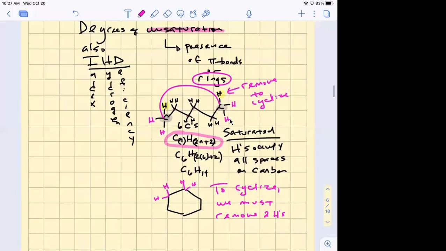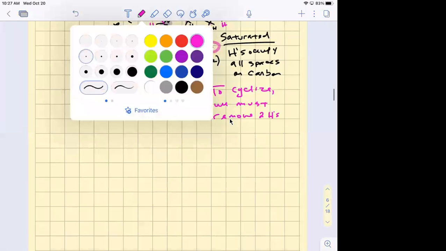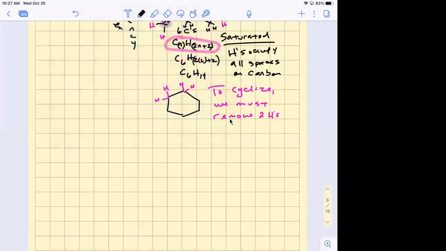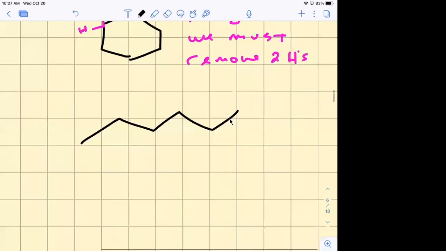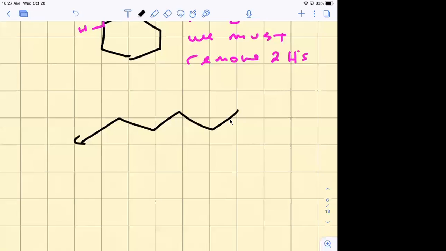And it's the same way if I took that same compound, and again, these are my CH3s.